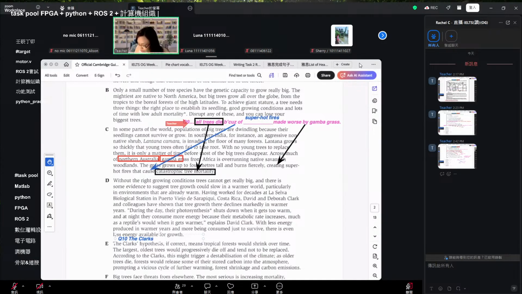So what happened to the clerks? Believe that the release of something from dead trees means old trees, right? We just finished this paragraph because we are doing the list of headings from question 1 to question 7. So we knew what kind of thing was down here. That was carbon. Remember? The idea is down there.